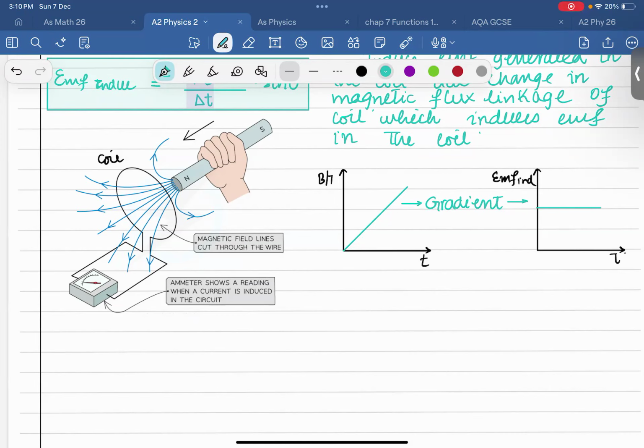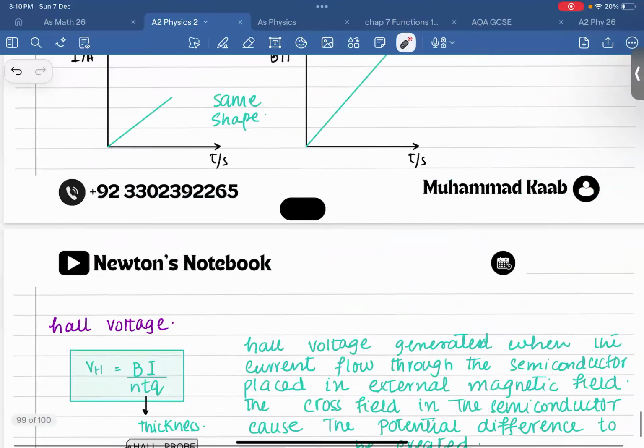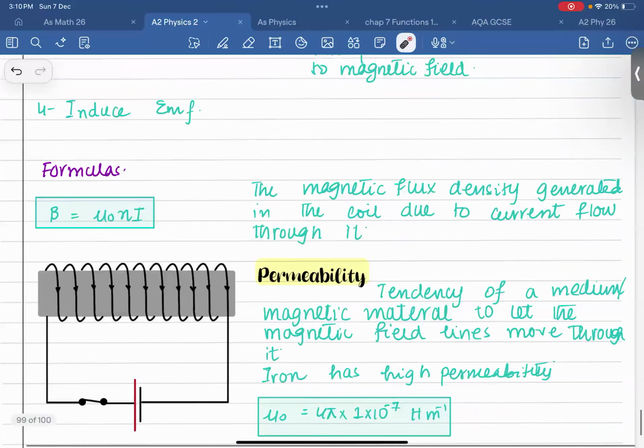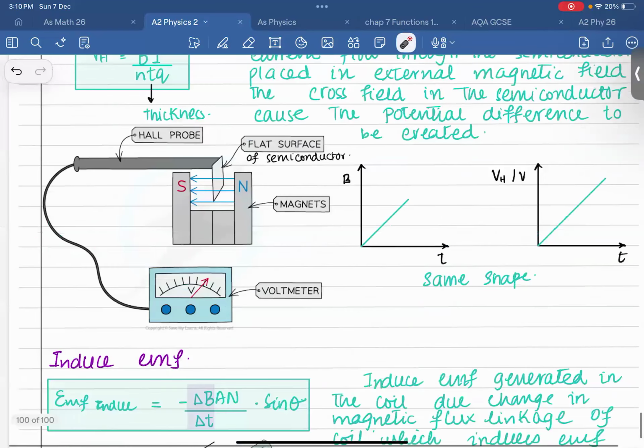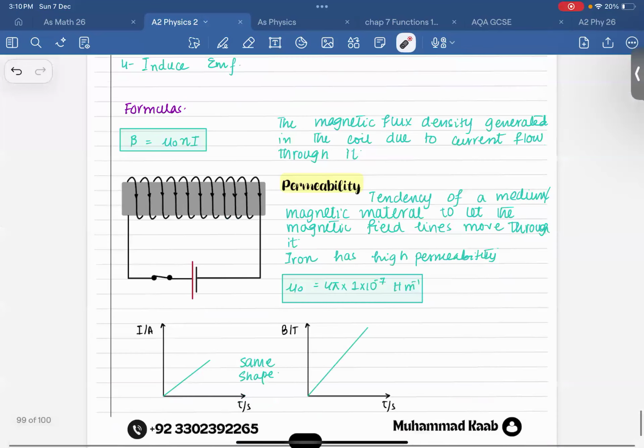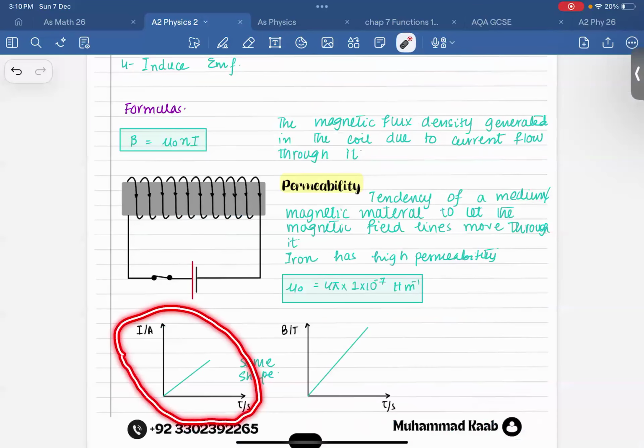Now, basically, this is how you can interconvert the quantities. If you have the current graph, that current can produce the magnetic field in this coil.